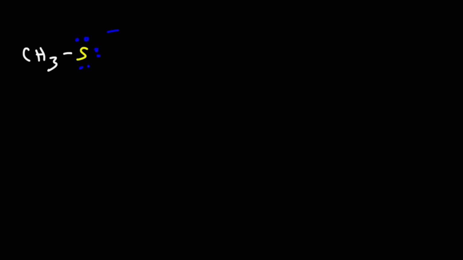Let's calculate the formal charge for that. Let's use a different color here. This is an amine, but it changes when we add a hydrogen. So let's calculate the formal charge on the nitrogen.